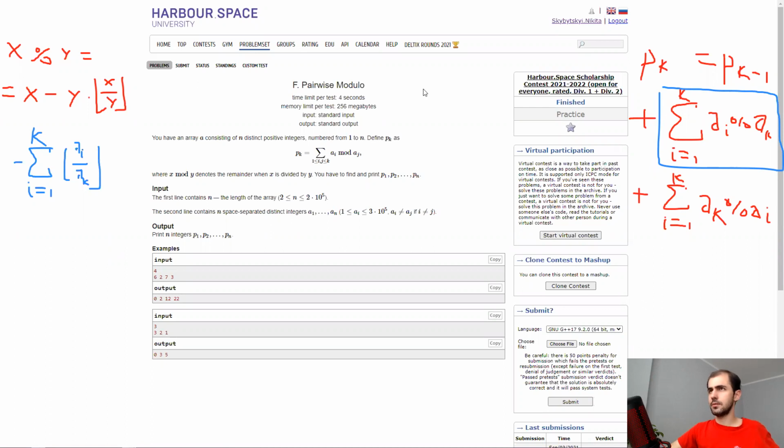If you've seen the other video, I think even this week, we talked about how do we compute such sums? Well, we usually want to group elements by something.